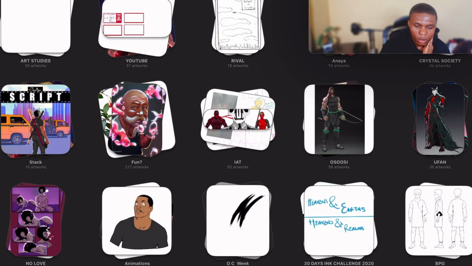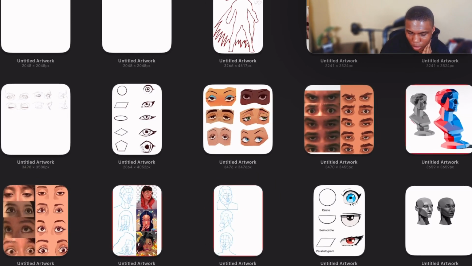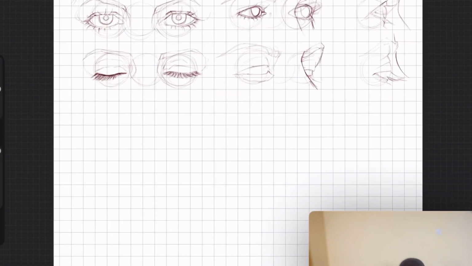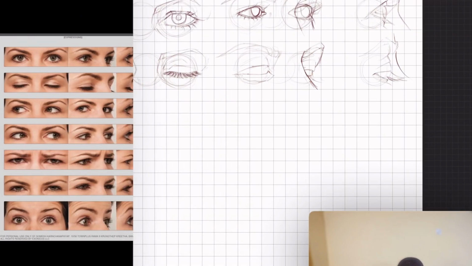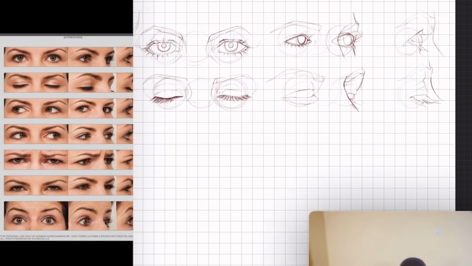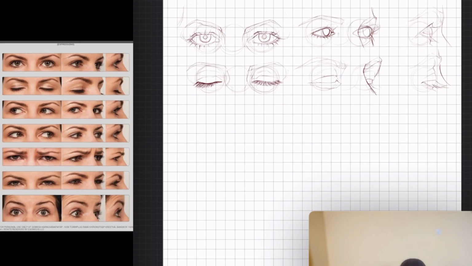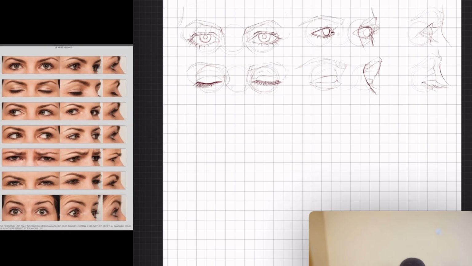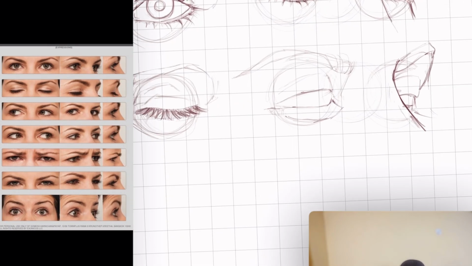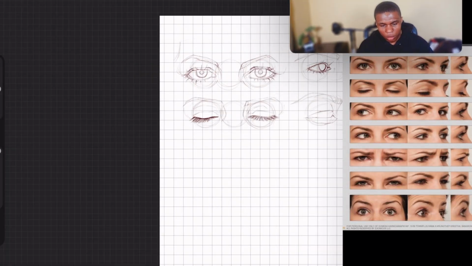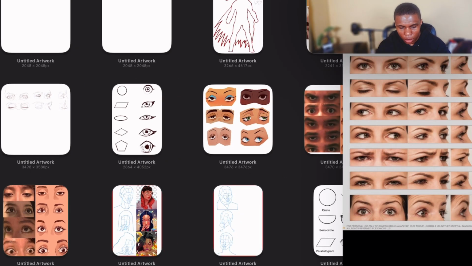Anyways, I was doing a study of this eye. If you look at this work here, I was actually doing a study of this lady's eyes. Hopefully I'll get back to it one day and just finish the study. I do it so that I can improve myself, so that I can get better.